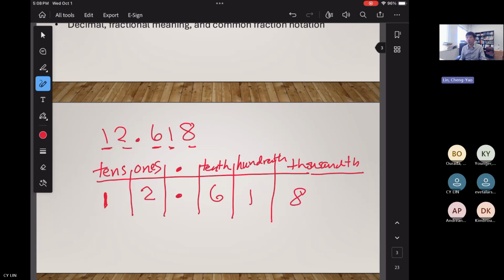So we give the meaning for each digit, all right? So therefore, that's the 12.618. That means we have 1 ten, 2 ones, and 6/10, or 1/100, and then 8/1000. So that's the meaning for this, okay?